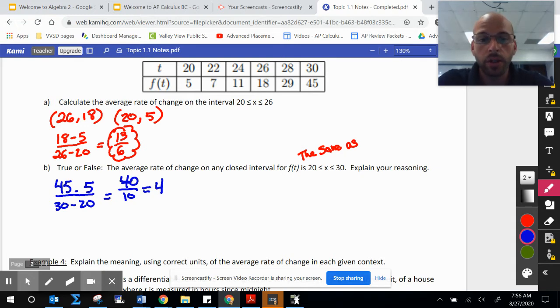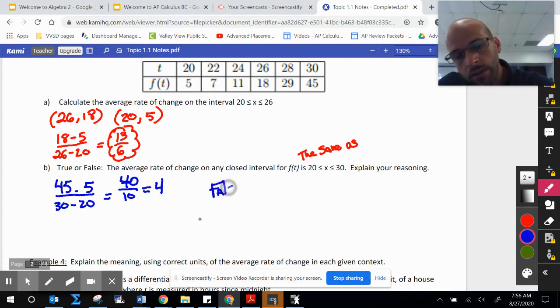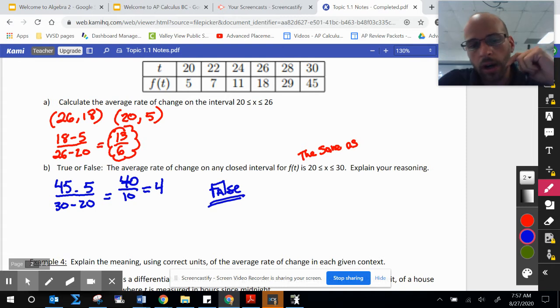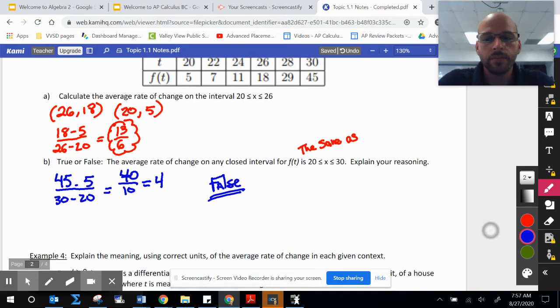But if I really wanted to show it, I could show all the intervals that won't be the same. In this case, if you check them all, I don't think there are any values that are the same. So I would say that this is false. There are not going to be any values that are the same as 20 to 30 from the table of information given.